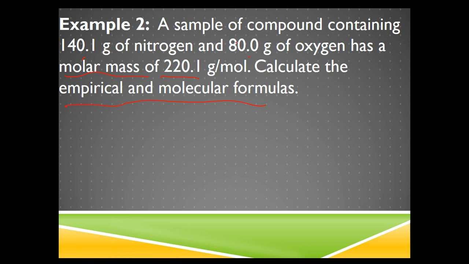So I'm going to go through this, and I'm going to handwrite this because I don't have the animation for this. So here we have nitrogen, okay? And for nitrogen, we have 140.1. I'm sorry for this handwriting, but okay. Divide by the molar mass of nitrogen, which is 14.01 grams in 1 mole.